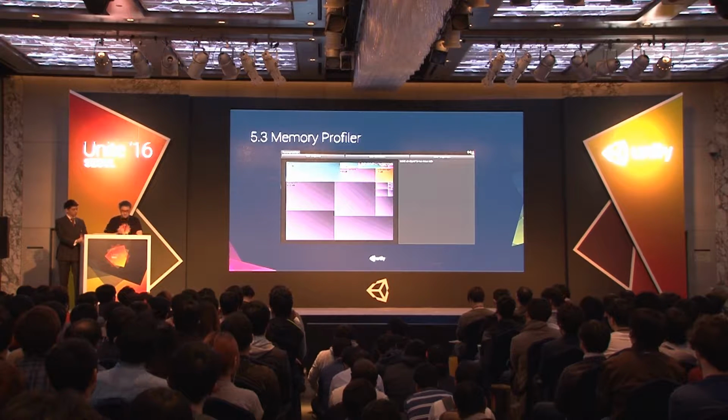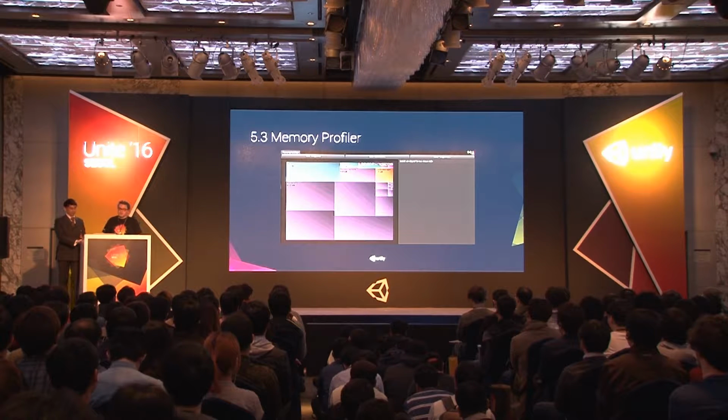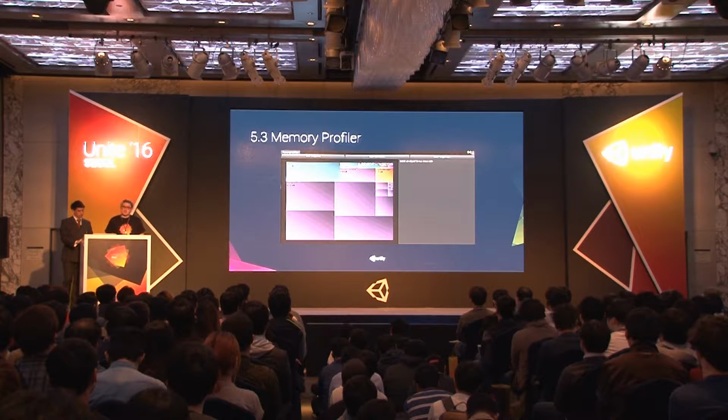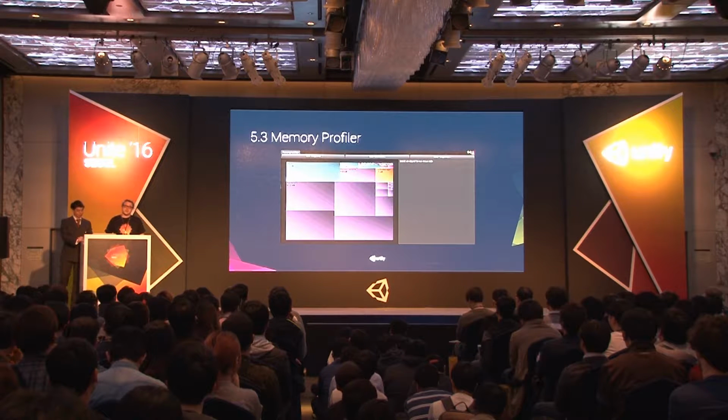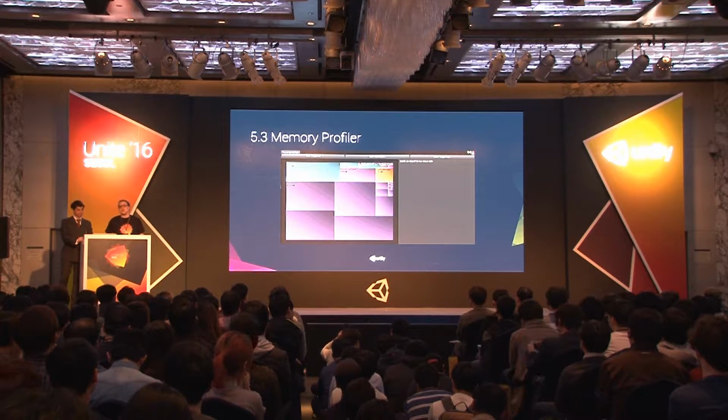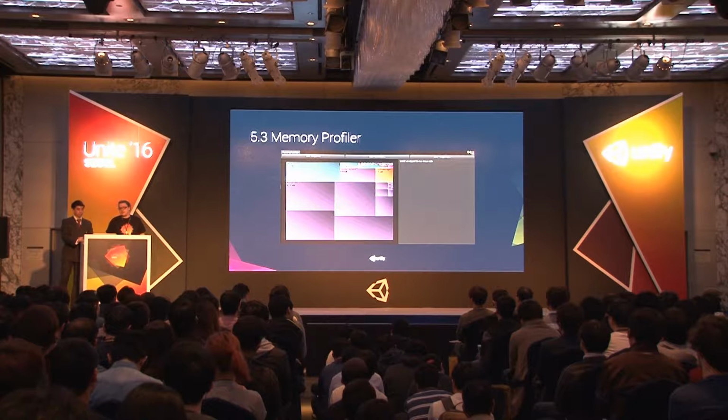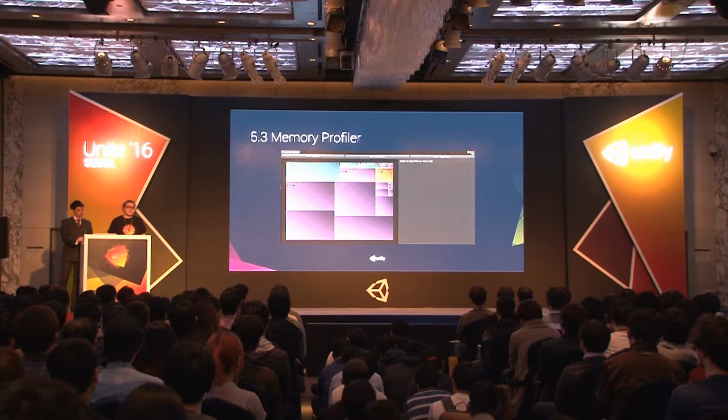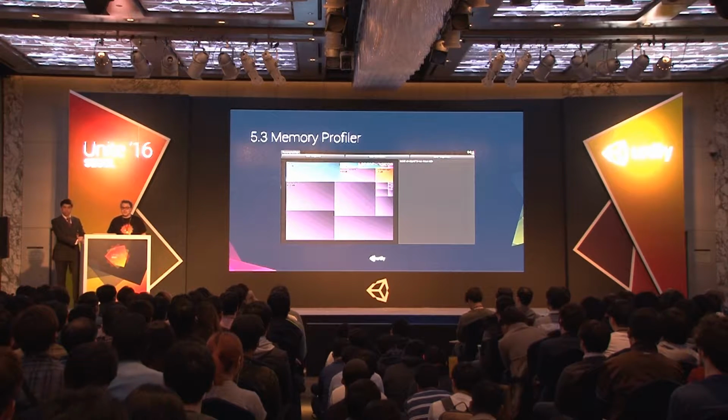The first thing I want to talk about is the memory profiler tool that was added in Unity 5.3. This allows users to examine the full contents of memory. Both native and managed allocations will be displayed in this tool. You can use this tool to track down all problematic areas of memory within your Unity title.